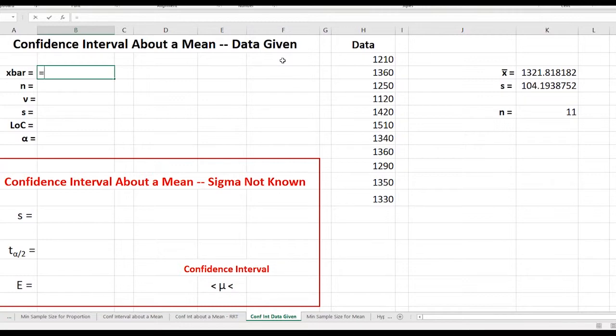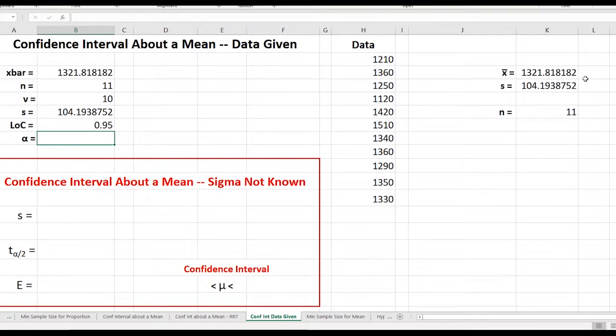So this will equal whatever I have for x bar over there. N will equal whatever I put for n over here. Nu, well, that's going to equal whatever I have for n minus 1. S will equal whatever I have for s. Level of confidence, this one was 0.95 because there was none given.